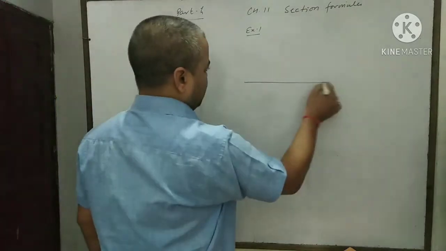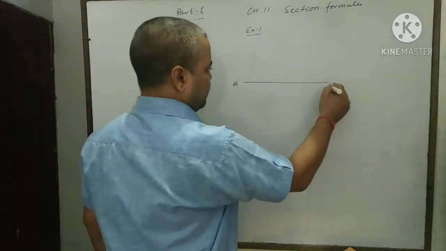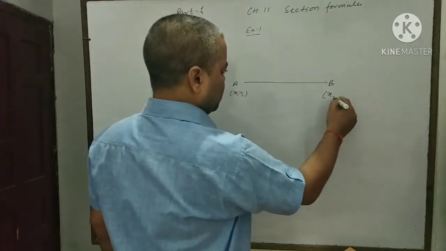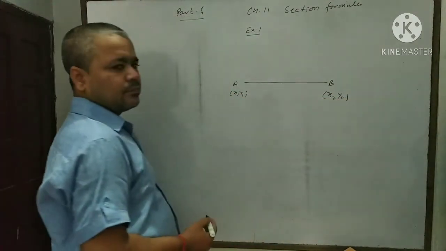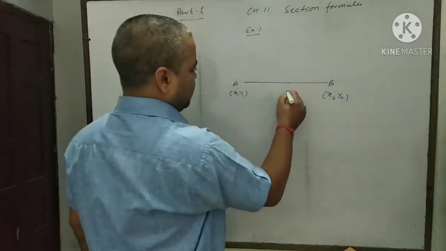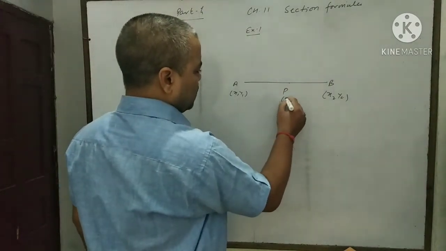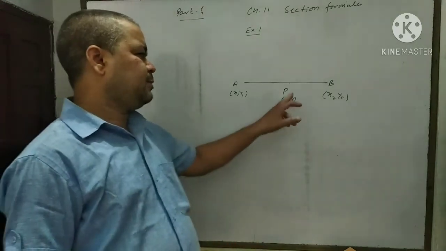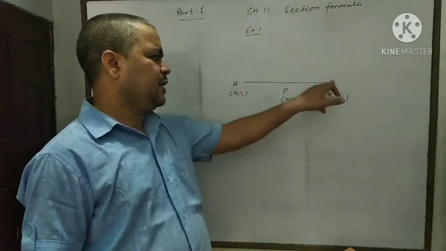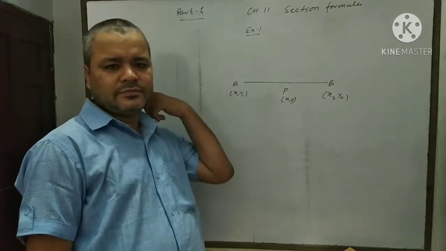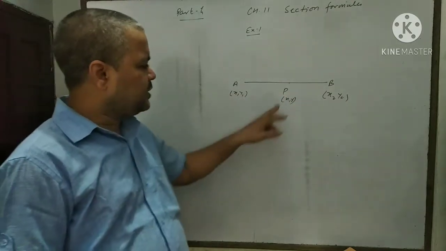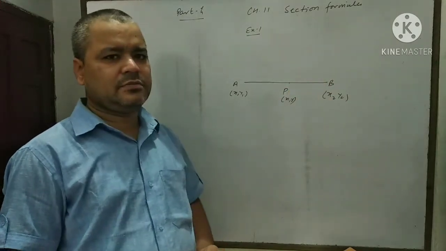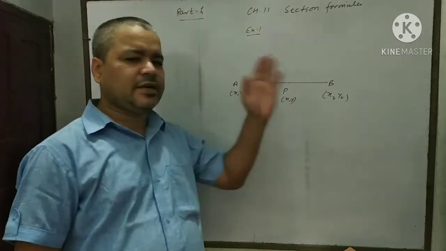Here, if the coordinates of A and B are (x1, y1) and (x2, y2), and point P, whose coordinate is (x, y), divides the line segment AB, then we say that point P divides line segment AB internally. There is also external division.